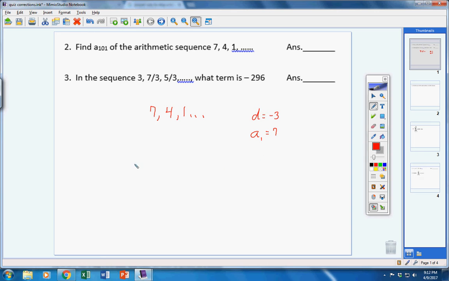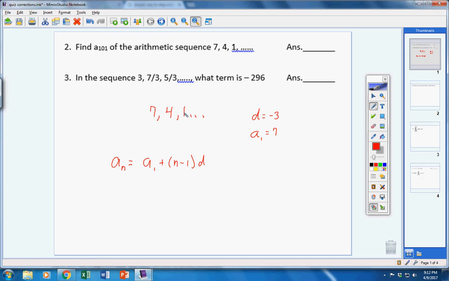So, here's the formula they've given you to find the nth term. Now we can use this formula for many things, okay? A subscript n equals a subscript 1 plus n minus 1 times d.